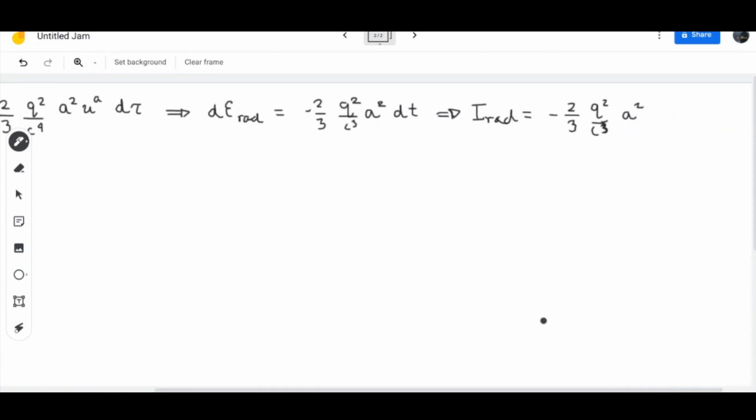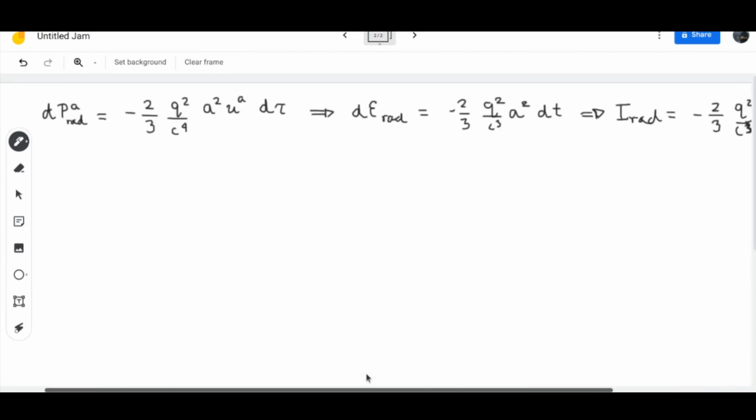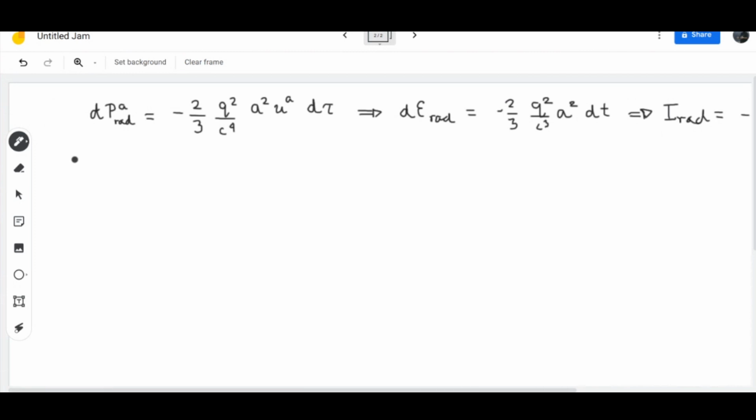Okay, so that's it. Now, what we want to look at is the following situation. We want to look at a situation where the charge Q is accelerated by an external force F bar AB.